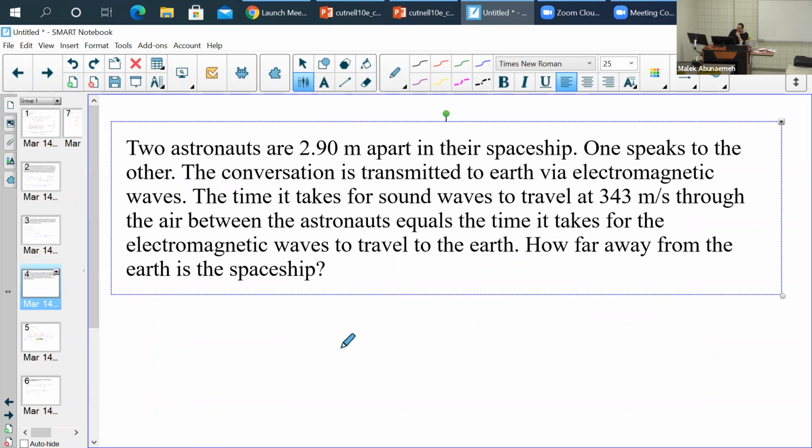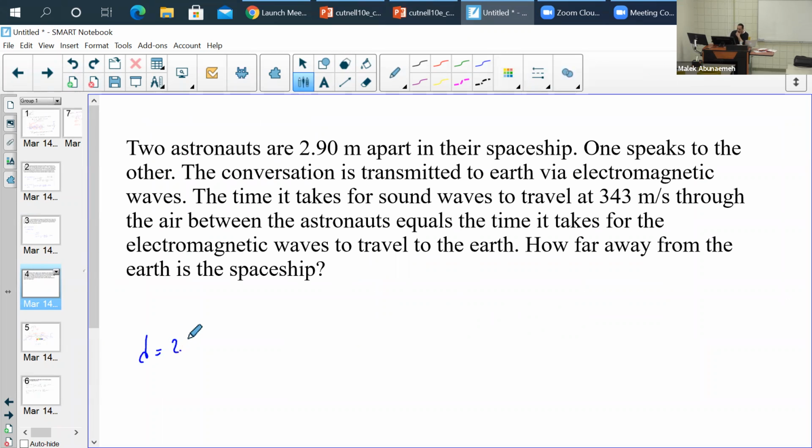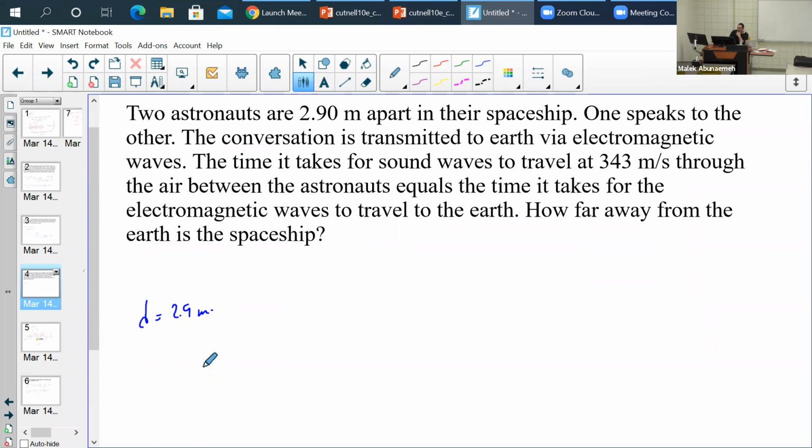Okay, you got two astronauts that are 2.9 meters apart. So your distance in this matter is 2.9 meters. Once the conversation started to the Earth, the time it takes the sound to travel, your velocity this time is 343 meters per second.